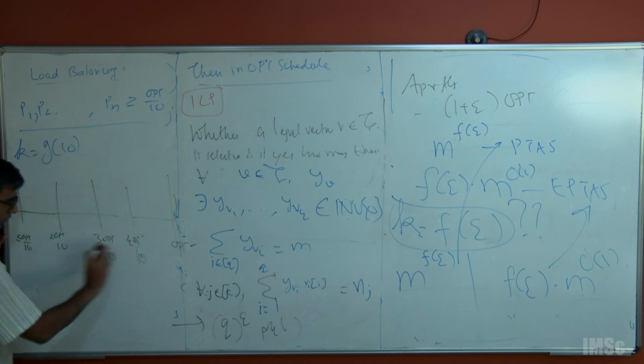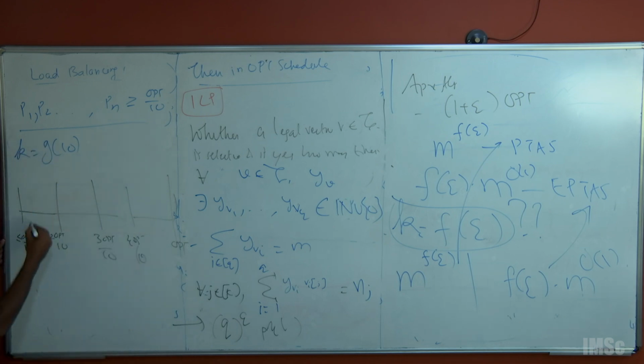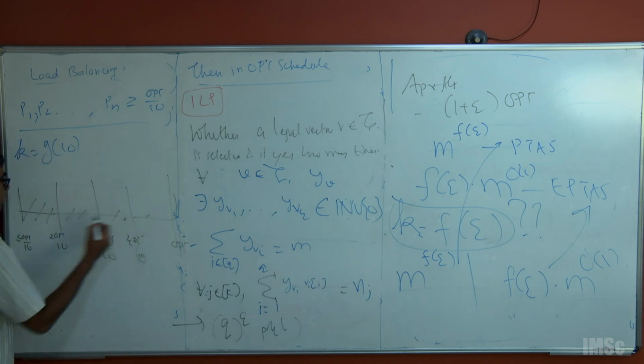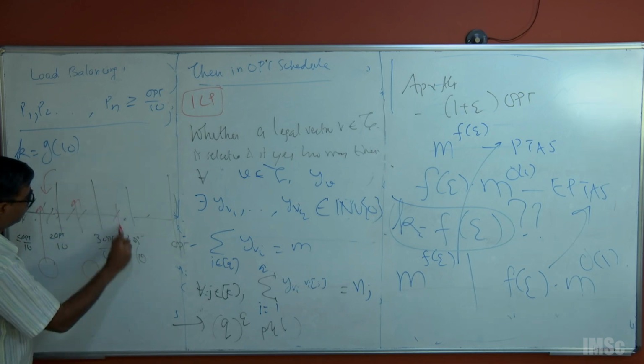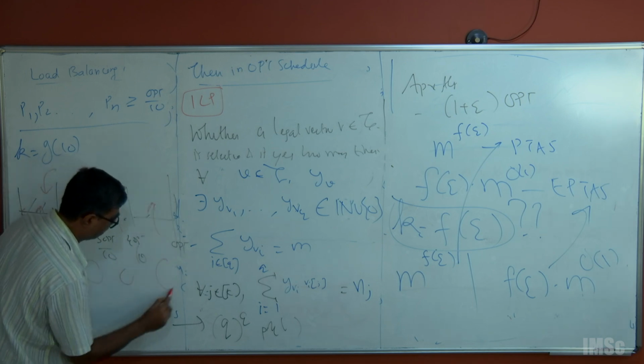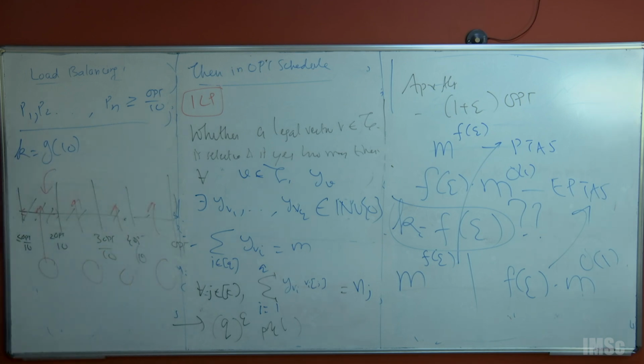Fine-grained buckets. Which jobs will go here? Imagine that I include this boundary but exclude that one, like an open interval. All the jobs will go here, some jobs will go here, some here, and some here. Is that fine?